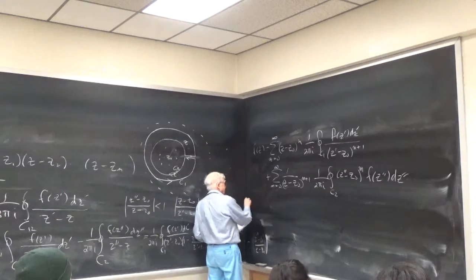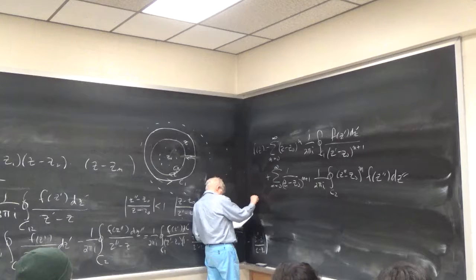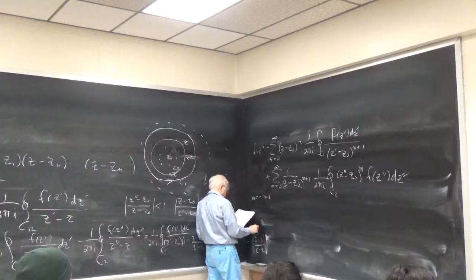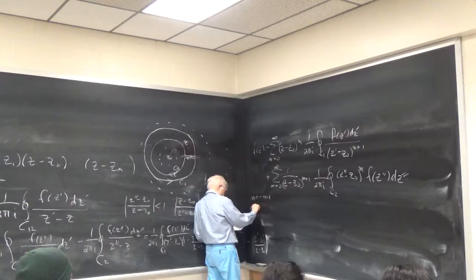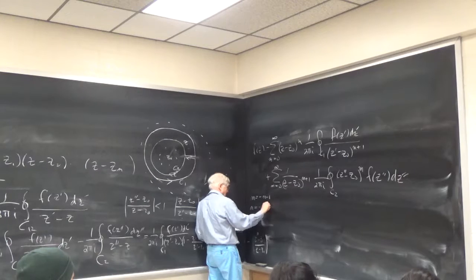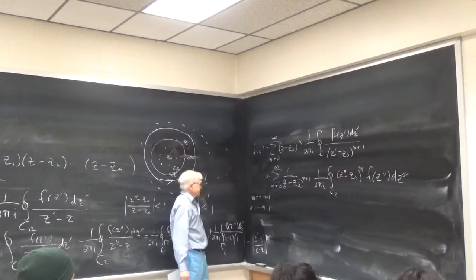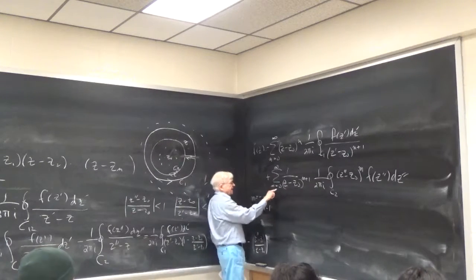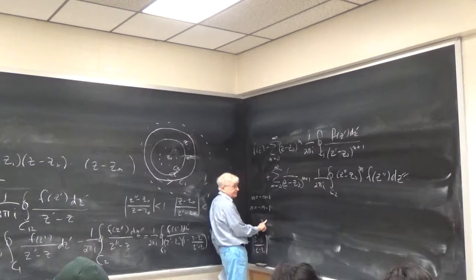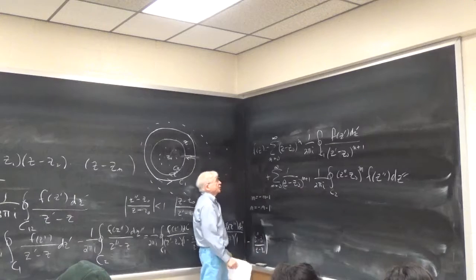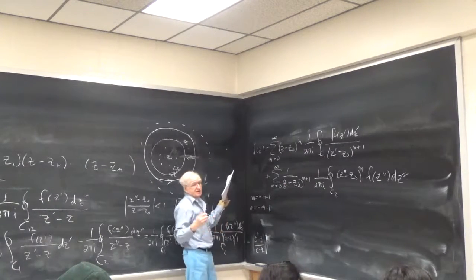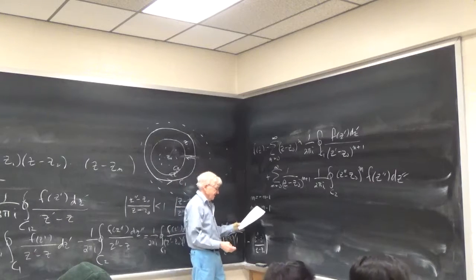So what we do here is we set m equal to minus n minus 1, or n equal to minus m minus 1. And so that means that in this sum, n is going from minus 1 to minus infinity. Or equivalently, the two sums can be combined, and n is going from minus infinity to plus infinity.